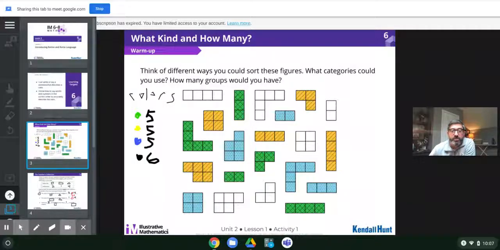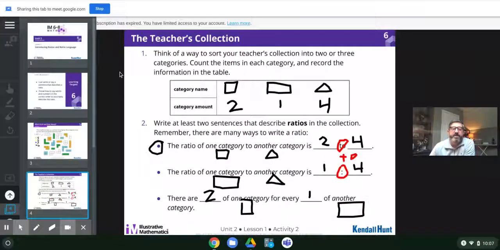So this kind of got us thinking about different ways to sort items and sort figures so we can start talking about them in terms of ratios. On the next slide, I don't have them with me, but on the video from last class, I had a bunch of shapes here at my house that I showed everybody on the screen.